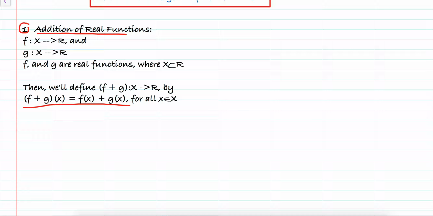So if we have one function f defined as f(x) equal to x square, and another function g as x cube, then our f plus g would be defined as x square plus x cube.